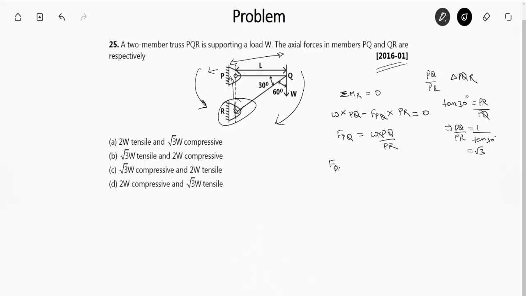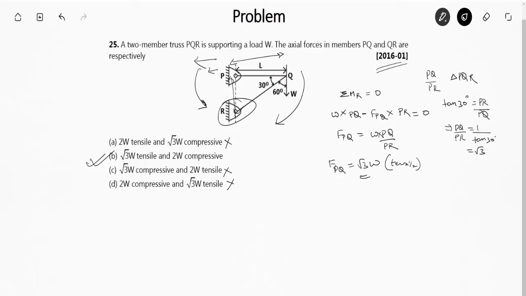So F of PQ is root 3 times W, and the direction is in this. So you can clearly see that F of PQ is basically root 3 W, and it is tensile in nature. So if you look at the options, all the other options are eliminated. Option B is the right answer, that is F of PQ is root 3 W tensile.